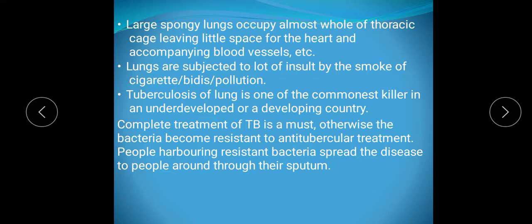A complete treatment of tuberculosis is a must. Otherwise, the bacteria become resistant to the anti-tubercular treatment, which leads to multi-drug resistant tuberculosis or multi-drug resistant TB. People harboring resistant bacteria spread the disease to other people around them through their sputum.